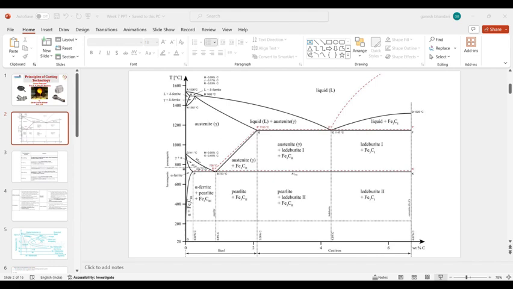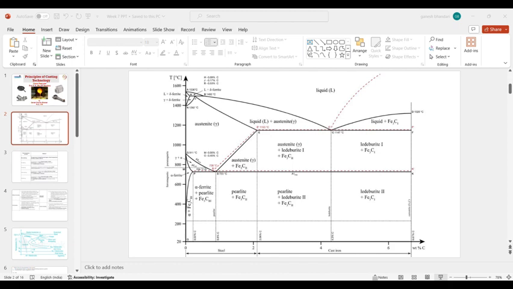As we can see here, this is the alpha ferrite plus pearlite phase, which is basically the phase of mild steel that we use in our day-to-day life, either TMT bars or mild steel sheets or something else. That is the common phase of alpha ferrite plus pearlite present in mild steel.